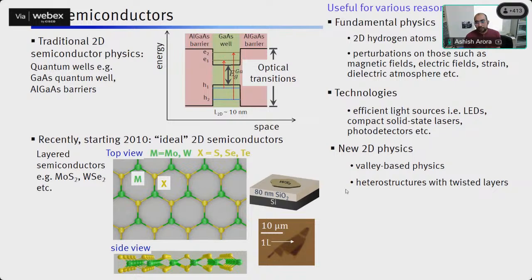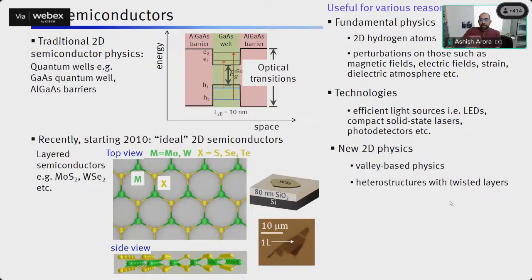So using these two-dimensional materials, lots and lots of new applications and physics are being thought about. I will not go into details, but if you are curious, you can check these keywords. There is something called valley-based physics or valleytronics, which is done a lot in these two-dimensional materials, where quantum computers are being thought about using these valley degrees of freedom. There are some new magnetic moment degrees of freedom in these materials, which are very robust and which can be manipulated using electric and magnetic fields.